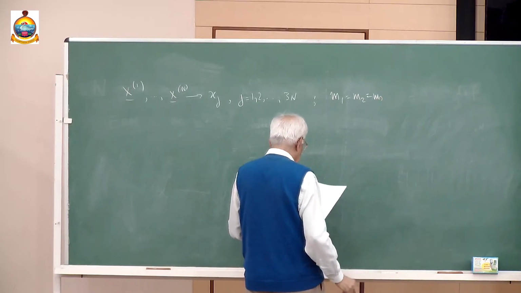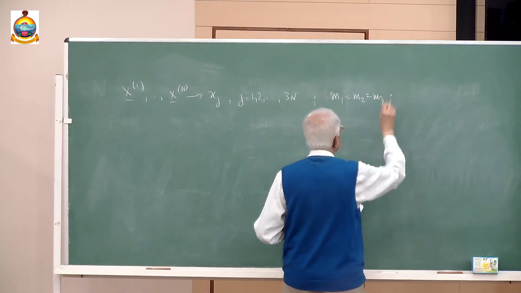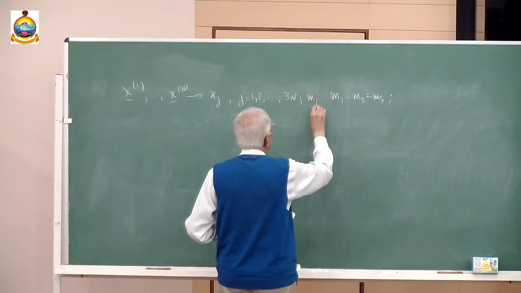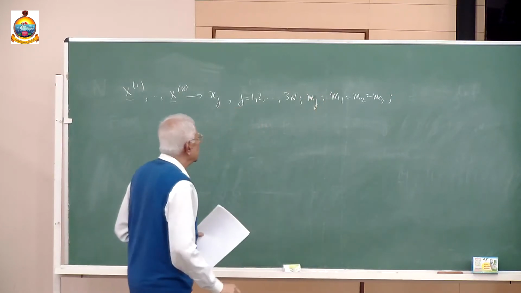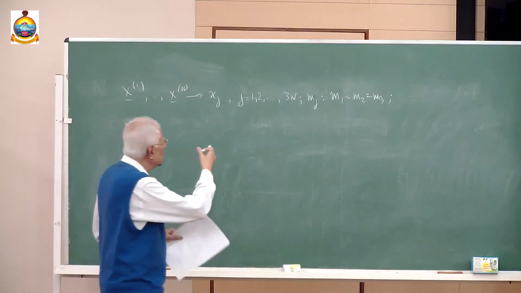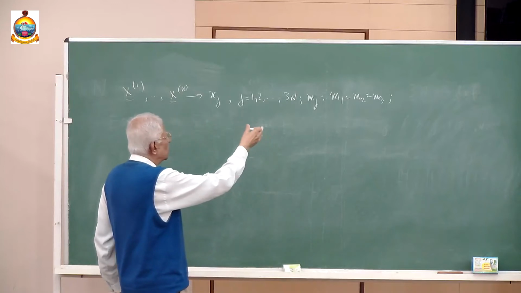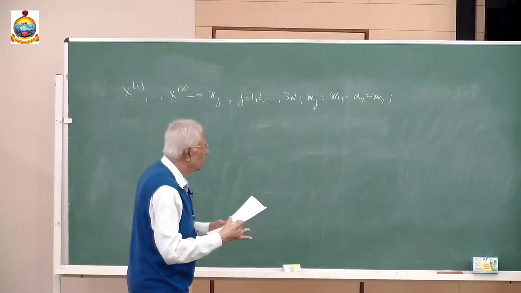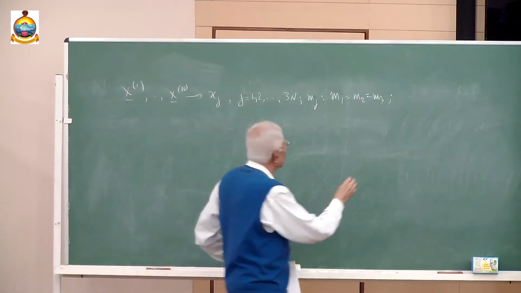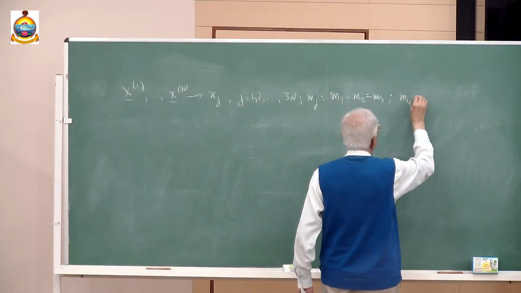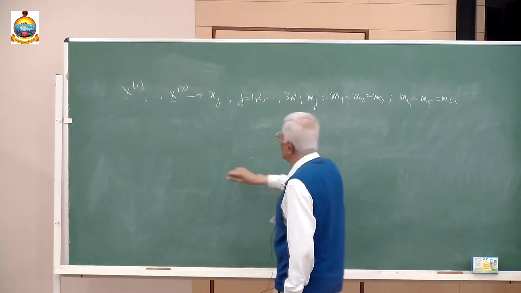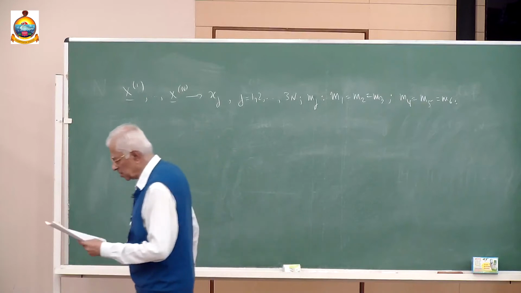So, in this notation, let me write it in this way. The mass will be indexed by this same j going from 1 up to 3N, but it is understood m1, m2 and m3 are all the same. They are the mass of particle number 1. Then m4, m5, m6 are the same, the mass of the second particle, and so on.